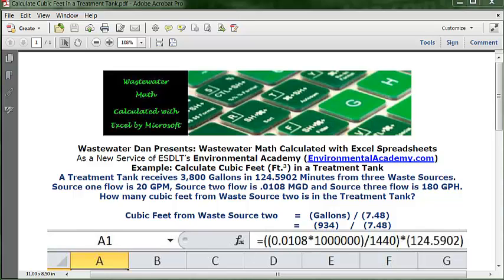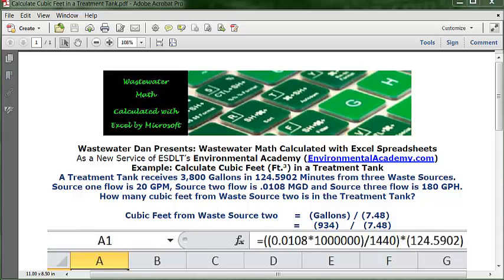Source 1 flow is 20 GPM, source 2 flow is 0.0108 MGD, and source 3 flow is 180 GPH. How many cubic feet from waste source 2 is in the treatment tank?